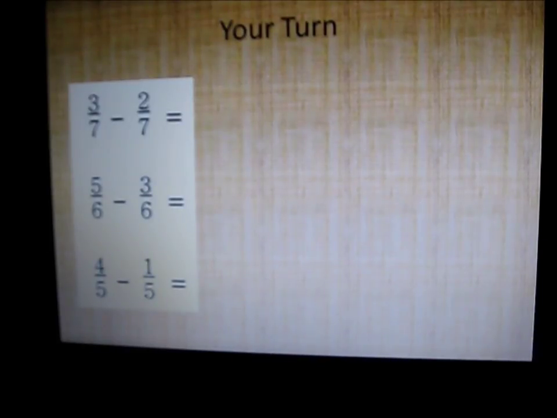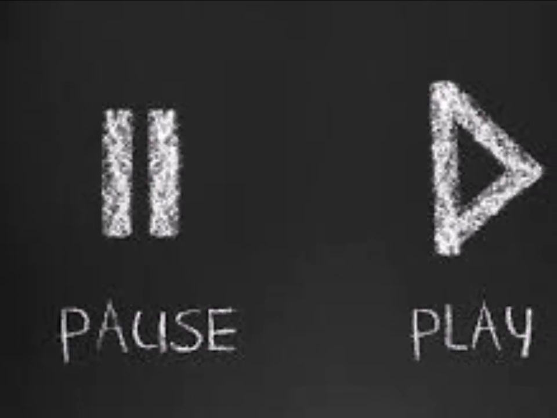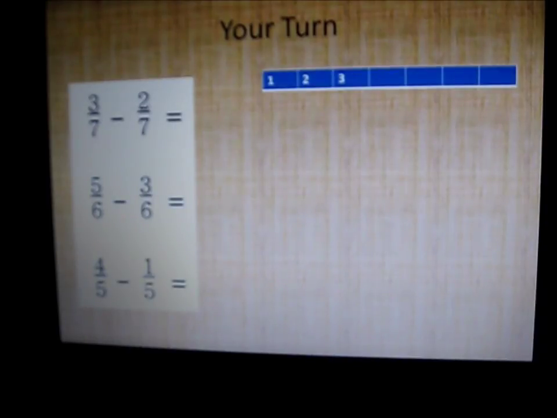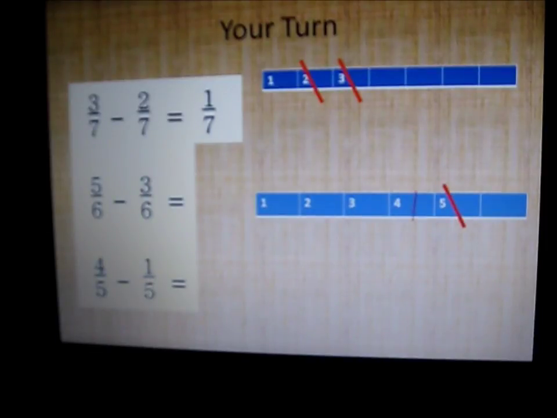Now it's your turn. Pause the video. Take the time that you need. Are you ready? 3/7 minus 2/7 equals 1/7. 5/6 minus 3/6 equals 2/6.